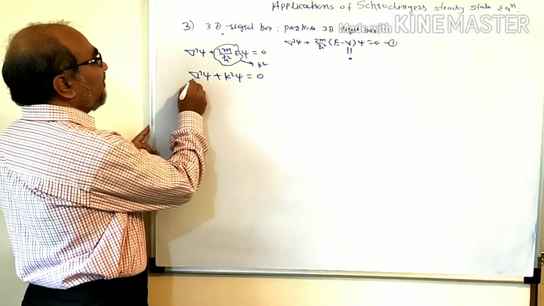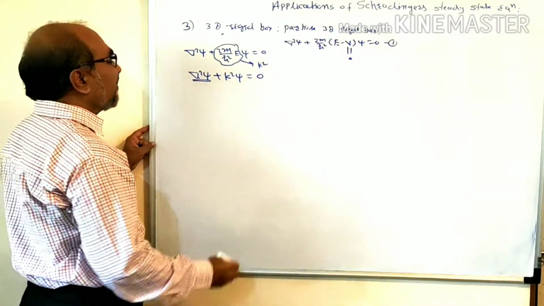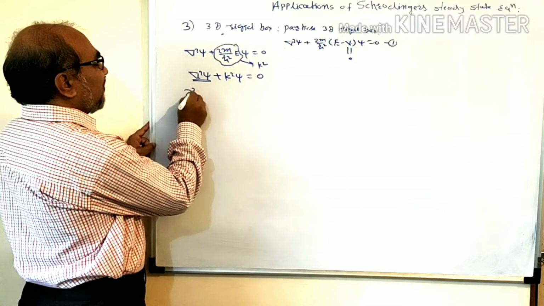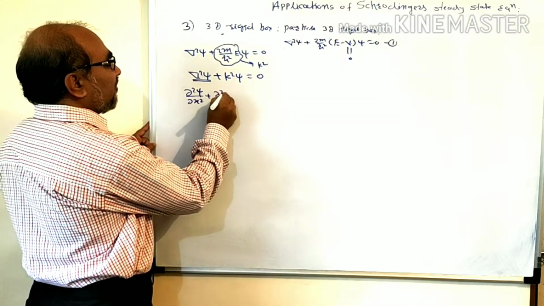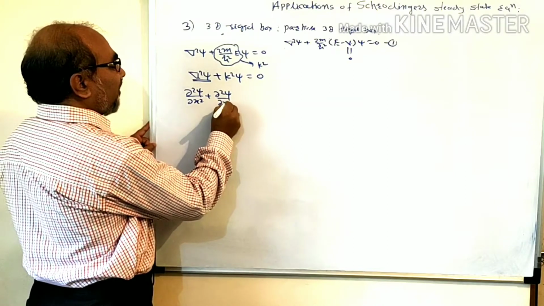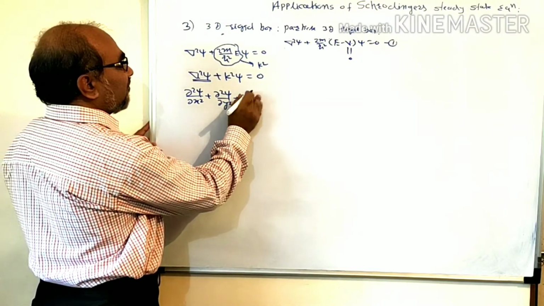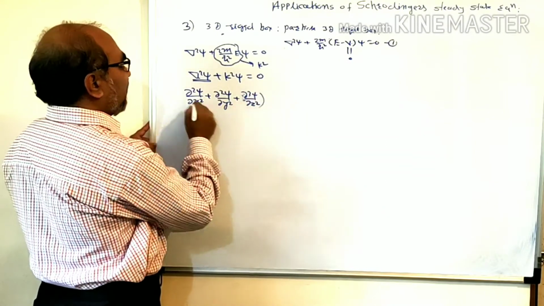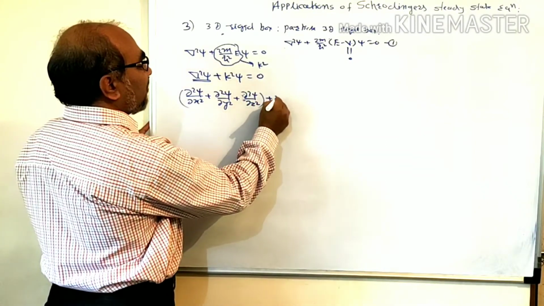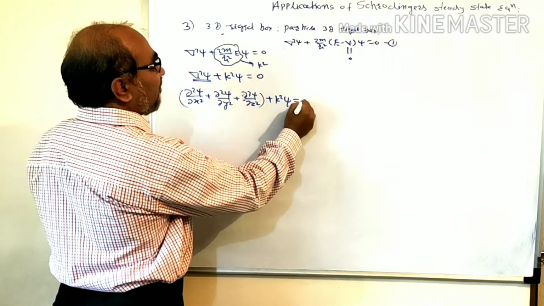Now del square can be written as d2 psi by dx square plus d2 psi by dy square plus d2 psi by dz square, plus k square psi is equal to 0.